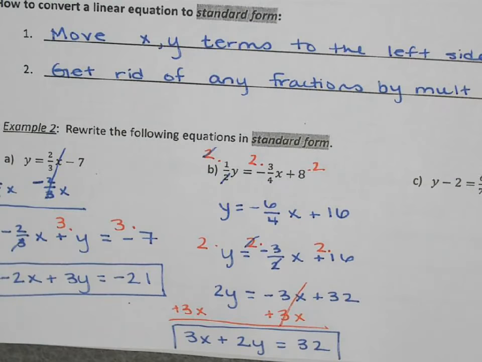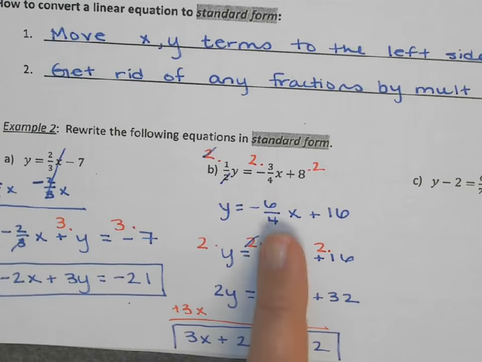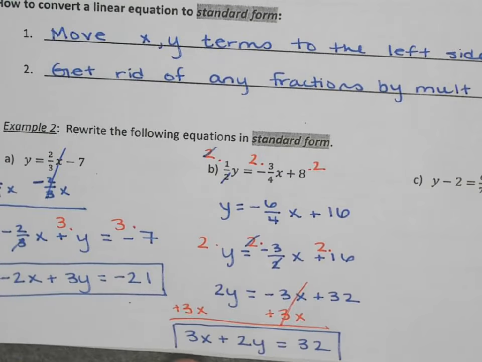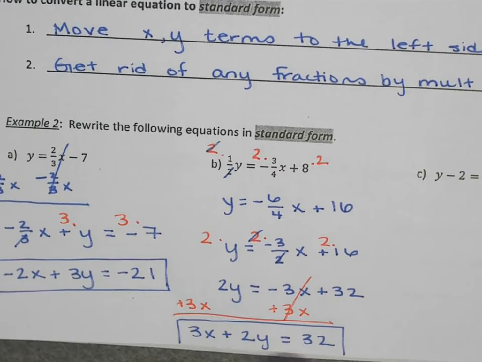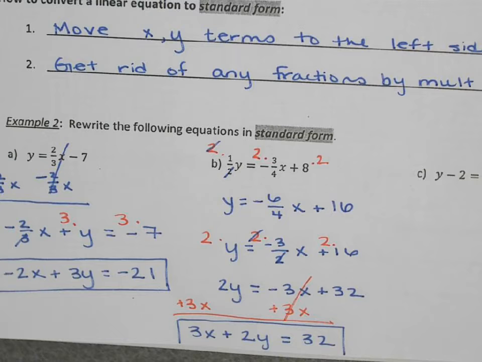Now, if you would have forgot to reduce that fraction, you would have just had 6x plus 4y equals 64. All of those numbers would have been doubled, which technically is the exact same function. It's the exact same equation. It's just another version of the standard form for it. Would you also accept that other version as well? Yeah.